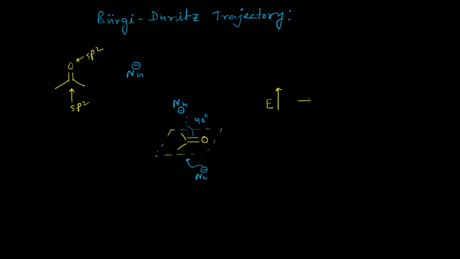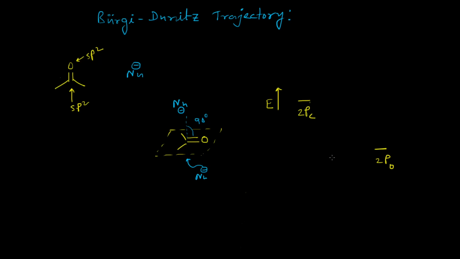If the energy of this carbon 2p orbital is this, then the oxygen 2p orbital will have this energy. Since oxygen has higher electronegativity than carbon, the 2p orbital of oxygen will be stabilized compared to the 2p orbital of carbon, and hence its energy will be lower.